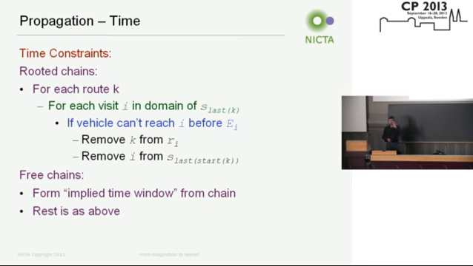So once again, for a rooted chain, I can work out exactly which visits are still possible to introduce into that chain. And for free chains, I can work out the time it takes to travel through that chain, and work out, I get an implied time constraint from that travel, and I can use that to eliminate positions to attach that to the existing rooted chains.